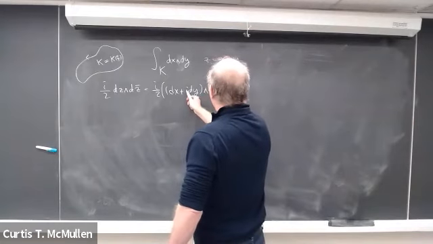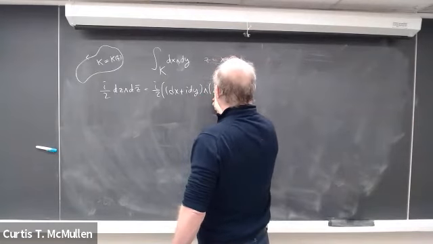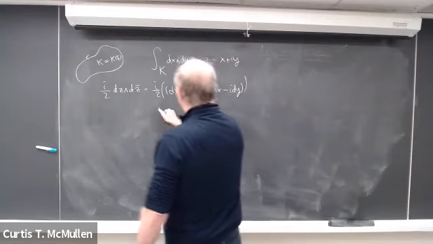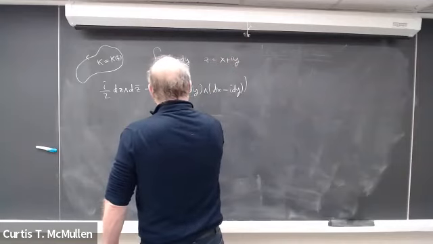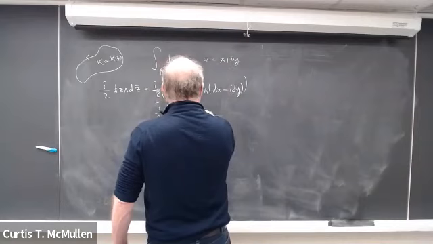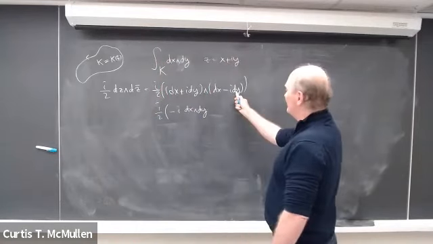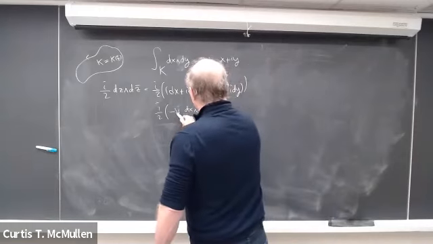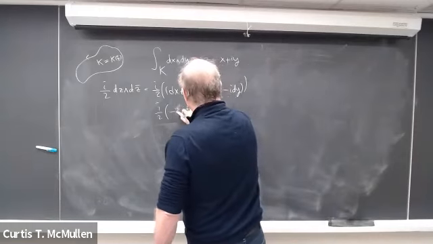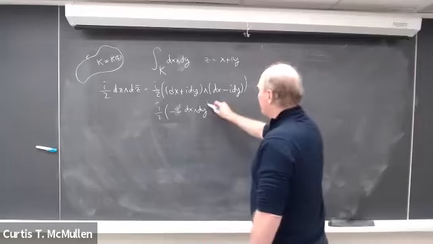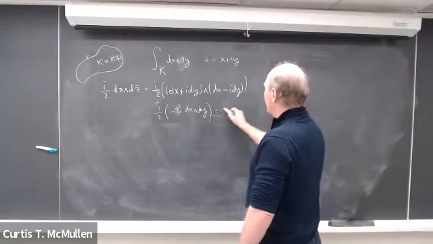You get i dy wedge dx, so that's minus i dx wedge dy, and then here you get dx wedge minus i dy, that gives you another one, so you get minus 2i dx dy, the i over 2 cancels, and you get dx wedge dy.